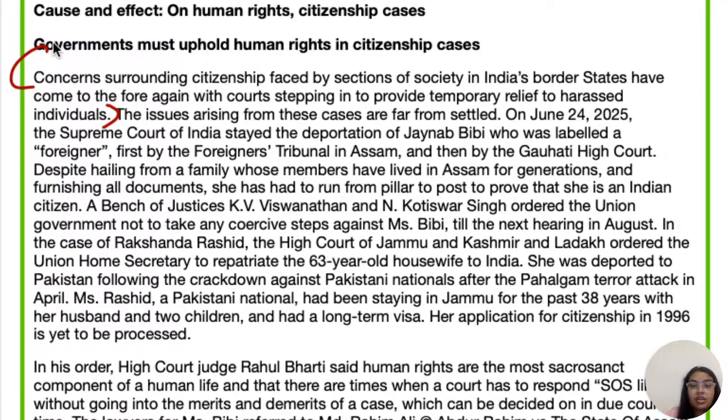Concerns is the subject, no doubt. Okay, and concerns around what, about what, have come. So that's the subject verb agreement.